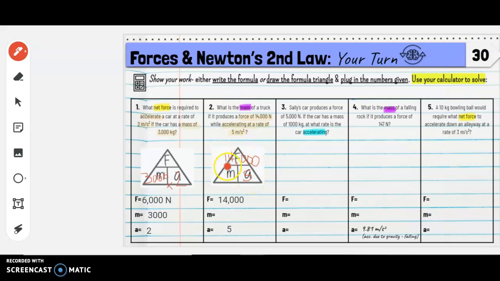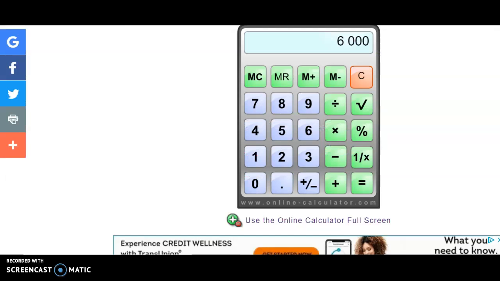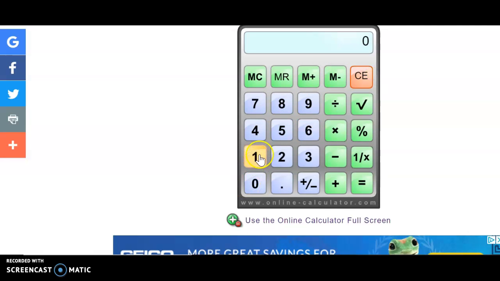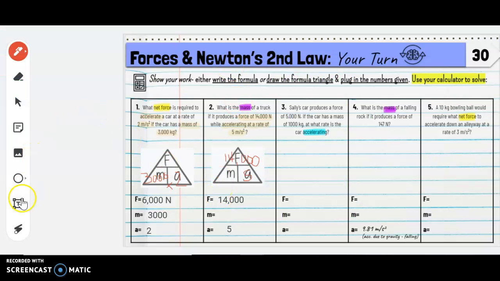So in my calculator, I'll plug in 14,000 divided by 5. See what we get. And the answer is 2,800. So our mass is 2,800 kilograms.